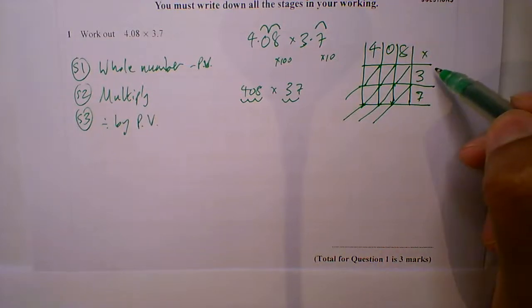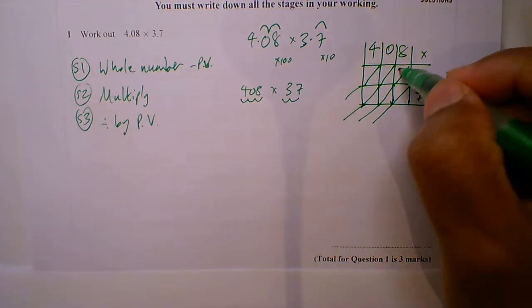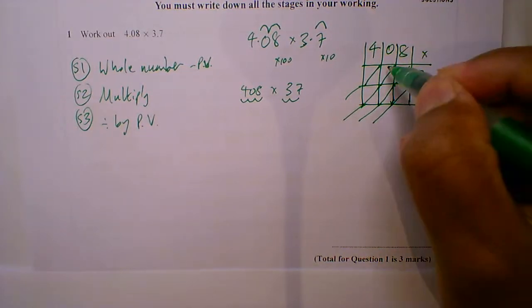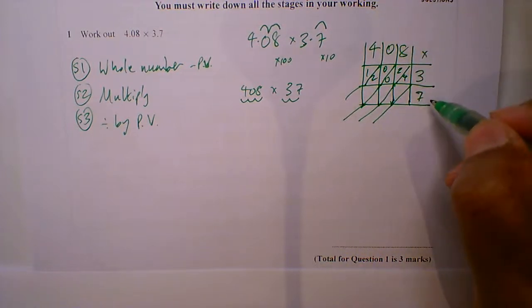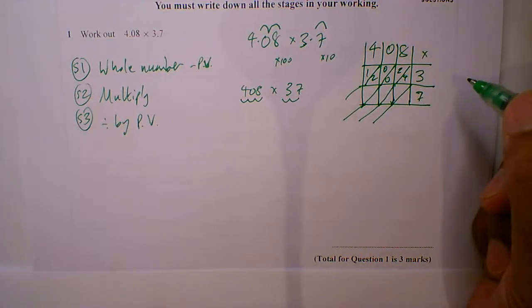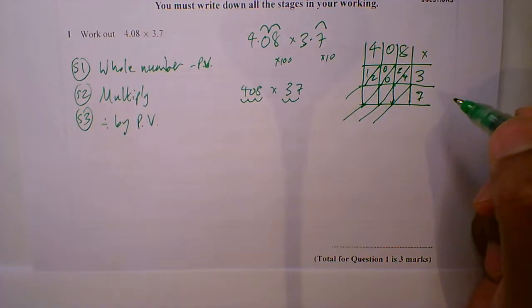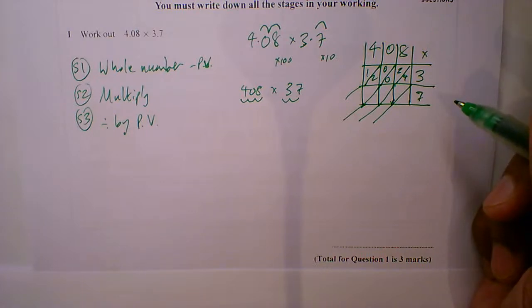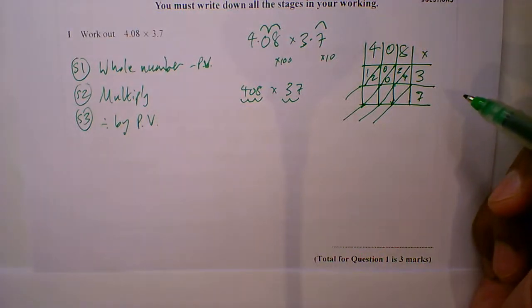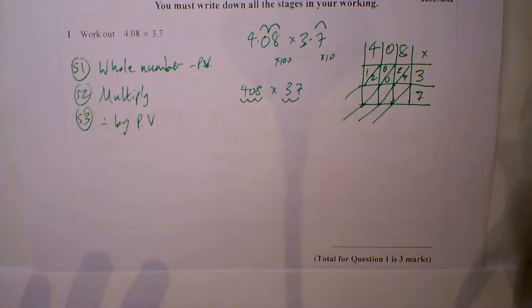So 8 times 3, 8, 16, 24. 0 times 3 is 0. 4 times 3 is 12. 8 times 7, 8, 16, 24, 32, 40, 48, 56. 56, yeah. 8 times 7 is 56.